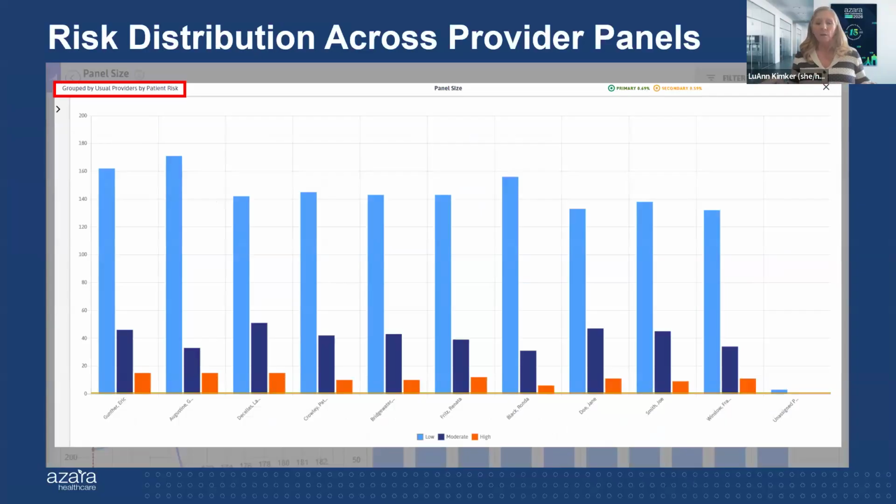So when I look at this one, nothing really pops out at me, except for maybe that provider to the right of center who has a slightly smaller group of high-risk patients. But they're all around the same size panel, and the distribution is fairly similar. When you get your part-time providers versus your full-time providers, you may notice some differences in this, and it can help as you're trying to balance out workload.